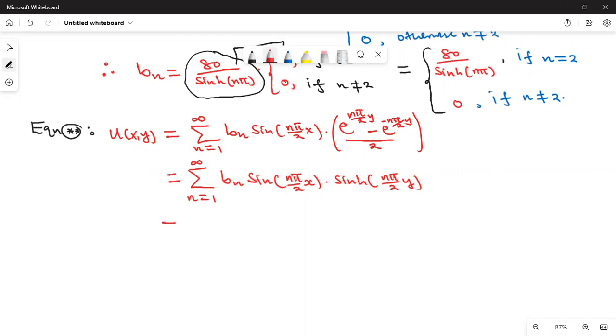So when I expand this, when n is 1, we talk of B1 sine pi over 2 x, hyperbolic sine of pi over 2 y.